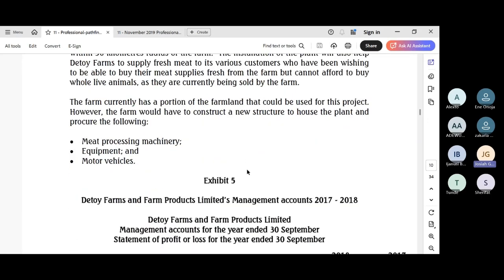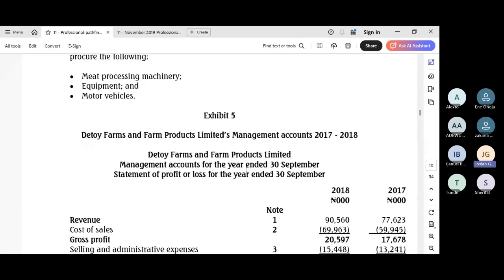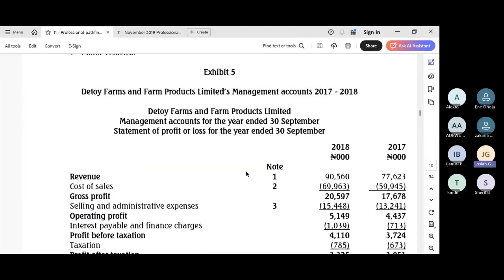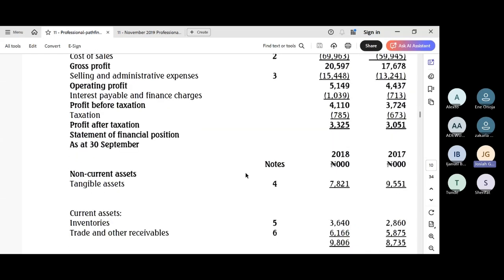Then we have exhibit 5, now coming to numerical information. We have the management accounts in the IFRS format, starting with revenue, gross profit, operating profit, PBT, PAT.